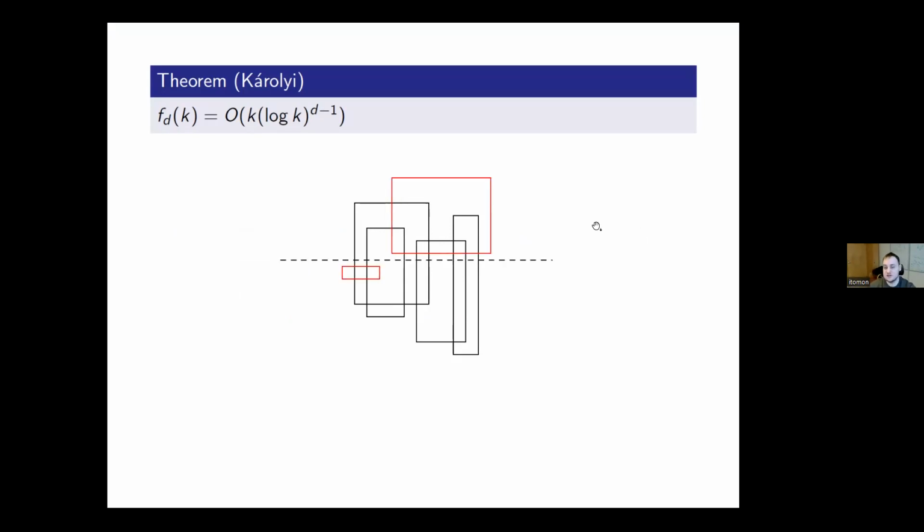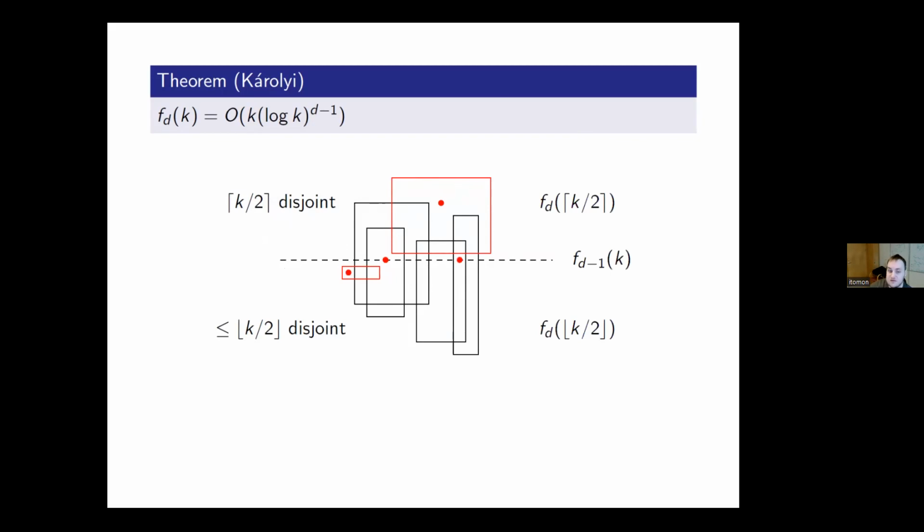In this case, you want to cut the family of boxes into 2 parts so that the boxes completely contained in the upper part have exactly k over 2 disjoint ones. Because any box contained in the upper half is disjoint from any box contained in the lower half, the number of disjoint boxes in the lower half is also at most k over 2.